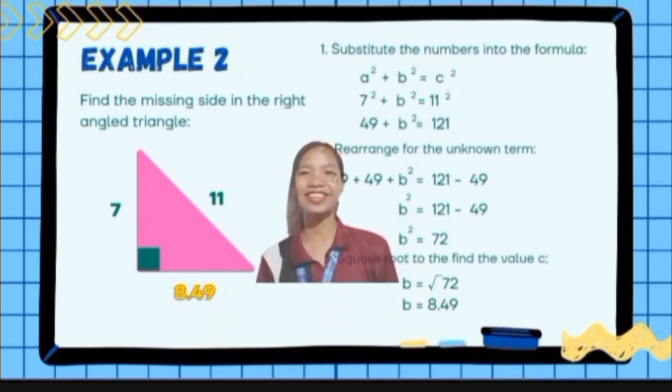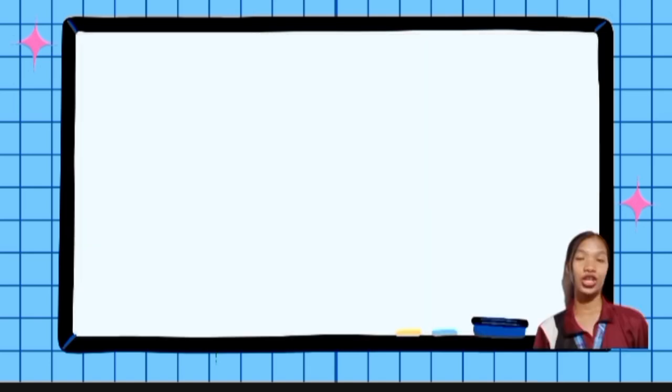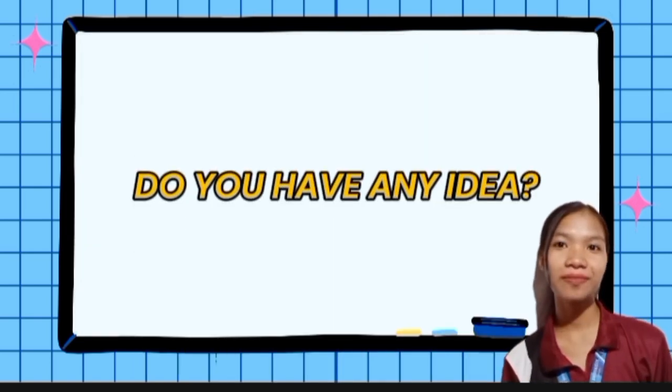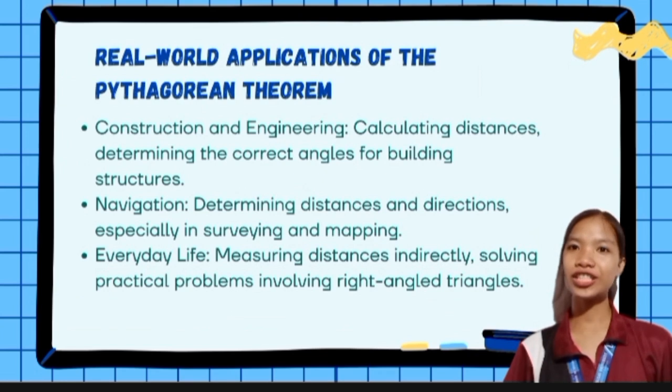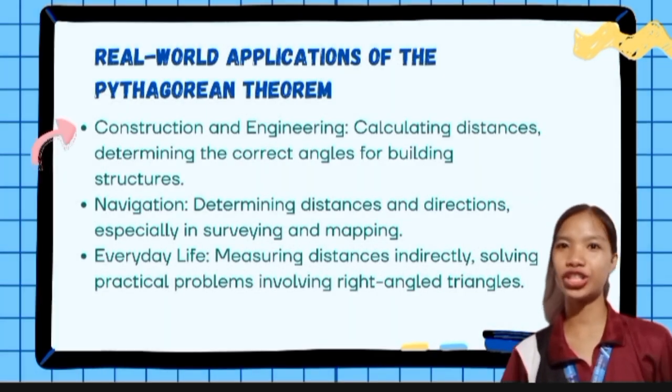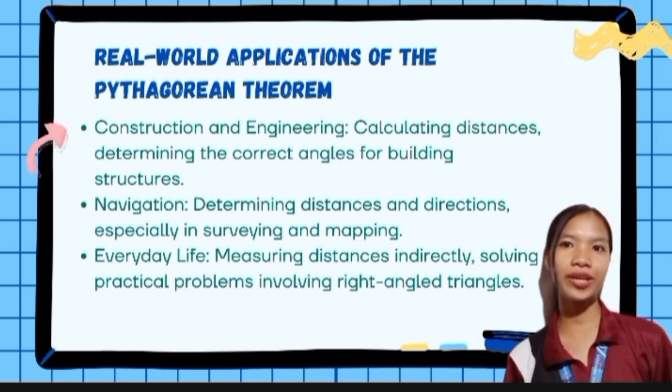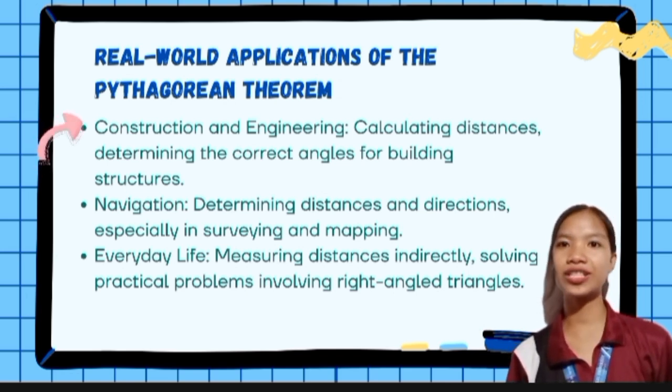You're doing great! Now, let's see how the Pythagorean theorem is used in real-world applications. Do you have any idea? So first, we have construction and engineering, where they calculate distances and determine the correct angles for building structures, for building stability.